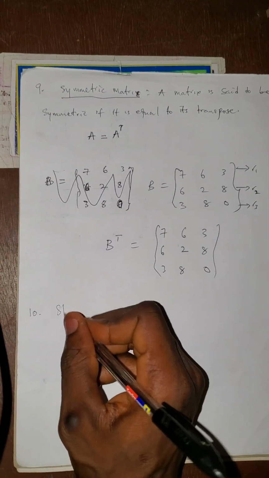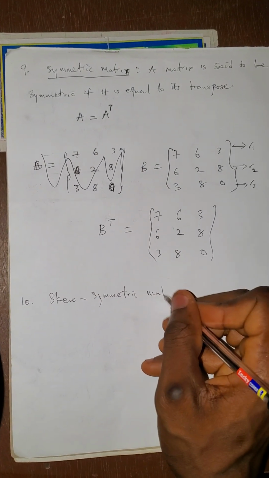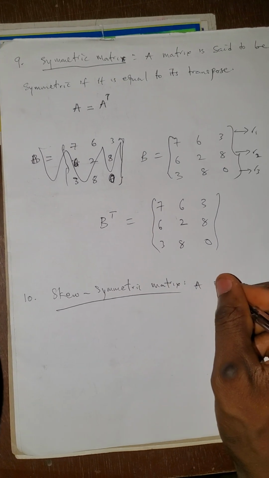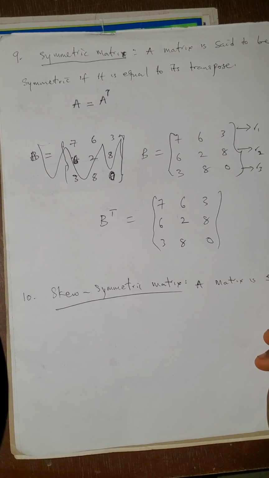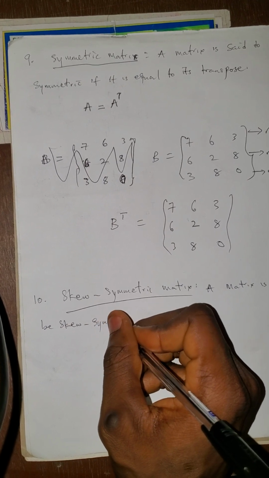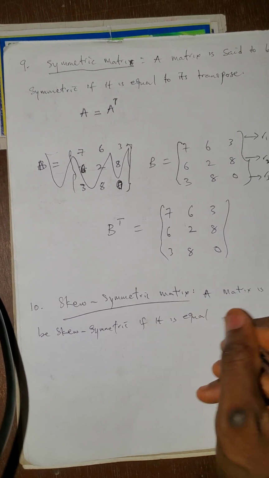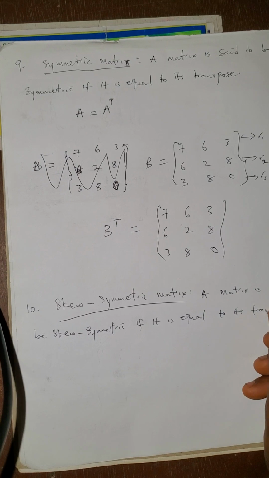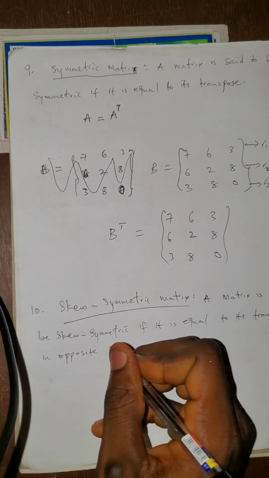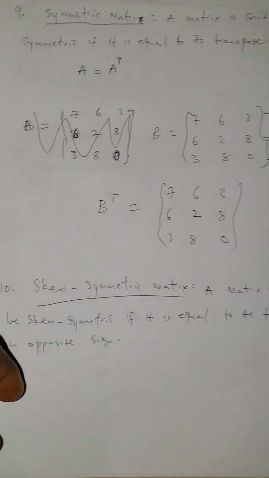Number 10, skew-symmetric matrix. A matrix is said to be skew-symmetric if it is equal to its transpose in opposite sign.